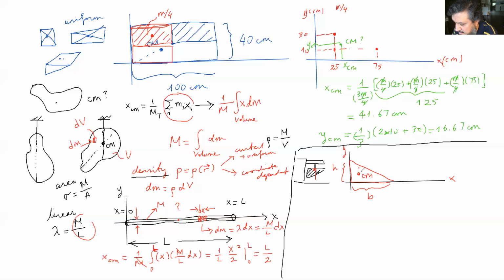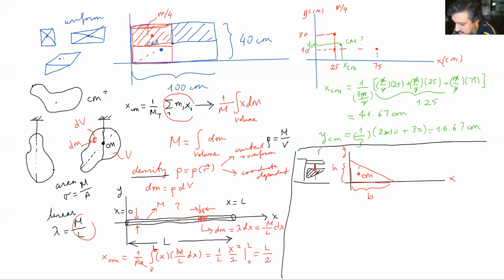All right. So for this problem, I'll need a very tiny volume, which will contain a mass dm. That's in my formula, right? dm. So let me pick a small area to work with, dA, and that dA will contain that mass dm. So there are two options here.